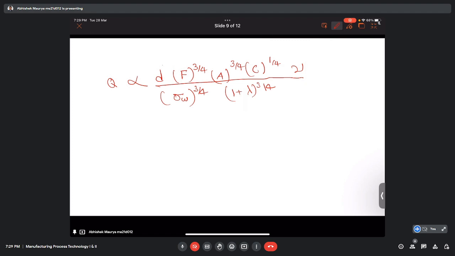If you remember, D was what? It was the average diameter. If you remember this shape, this was the D. So this is the average grain diameter.